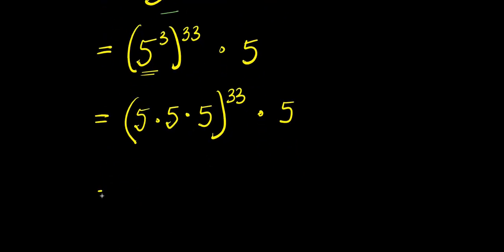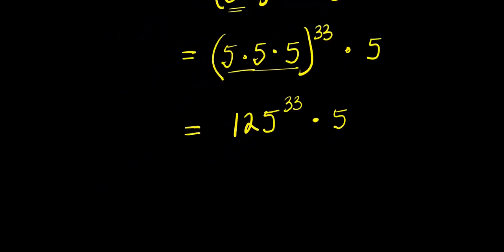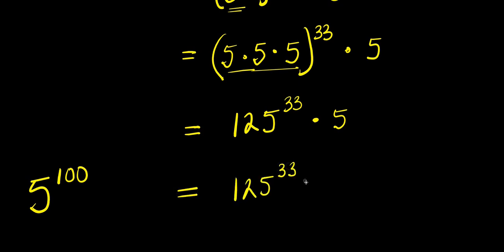And from here, this will give us 5 times 5, 25, 25 times 5, 125 to the power of 33 times 5. So we can see that 5 to the power of 100 is the same thing as 125 to the power of 33 times 5. Let's take note of this.